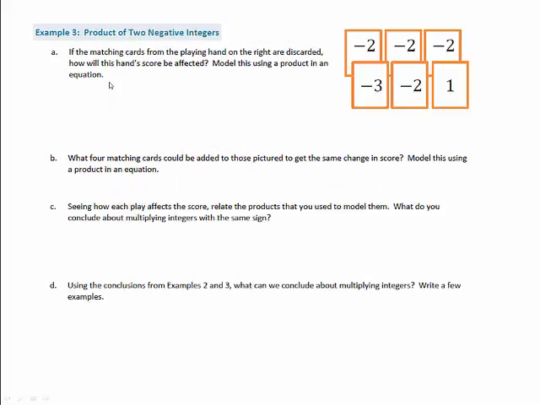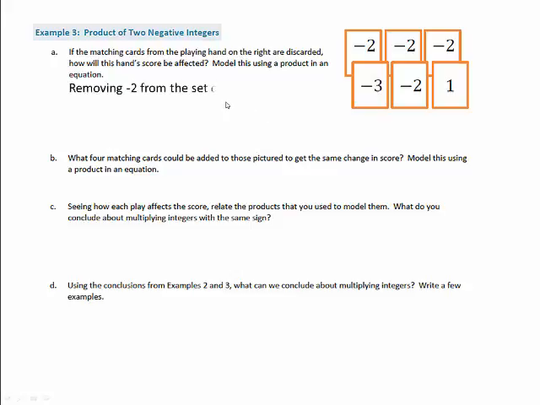In our last example, we're going to look at what happens when we have 2 negative integers, then we multiply them together. In this hand, I have 4 negative 2's along with a negative 3 and a 1. If I discard my negative 2's, we want to see what happens to my score. Well, if I take a negative card out of my hand, it goes up.